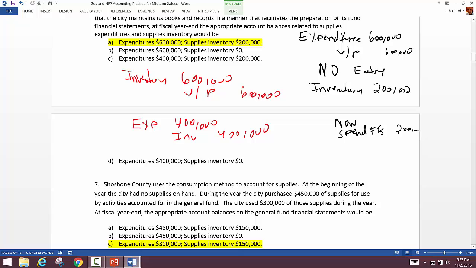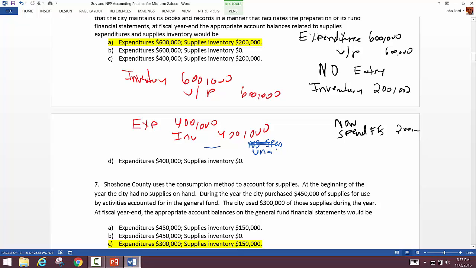So when I bought the inventory right here, under the consumption method, I would have done what? I would have debited, not debited, non-spendable. I would have debited what?